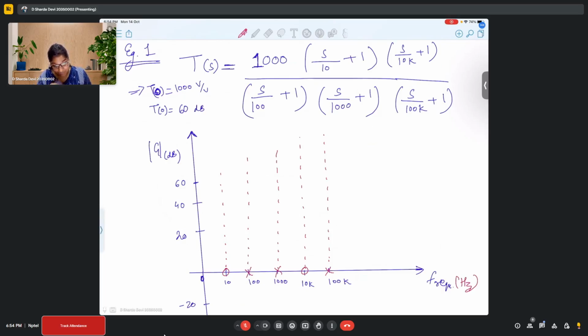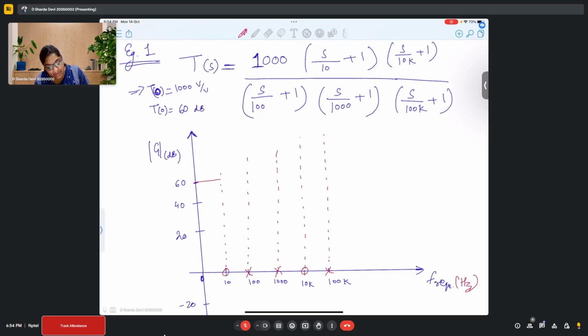Now, we know that from 0 to 10 hertz, there is no pole, no 0 present. So the 60 dB gain will continue as a straight line. Now, at 10, it encounters a 0.